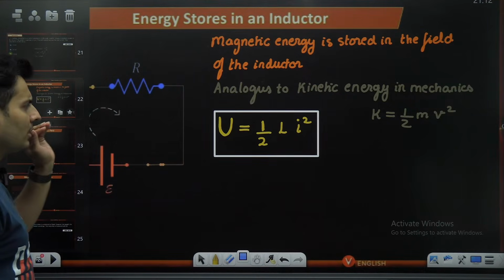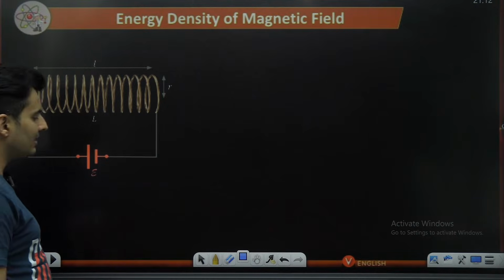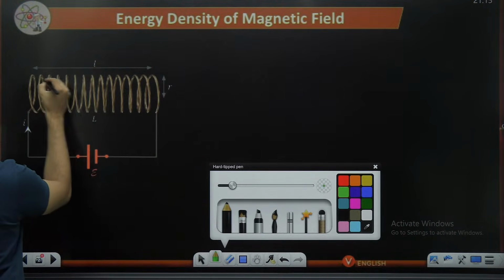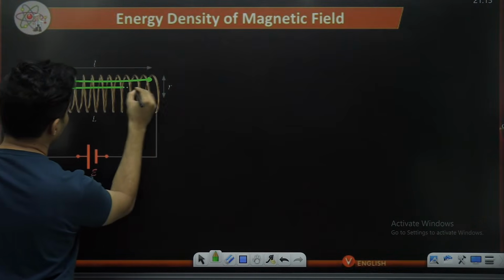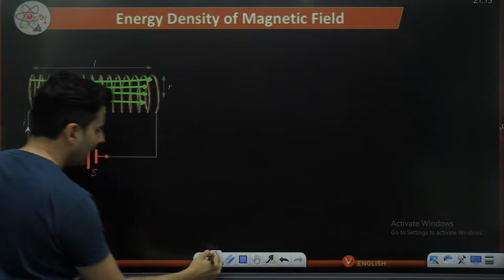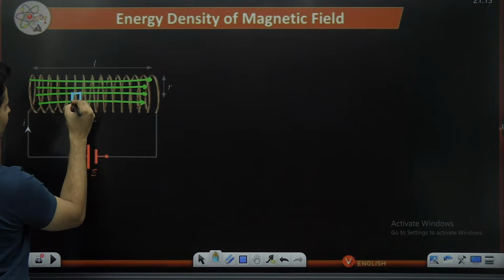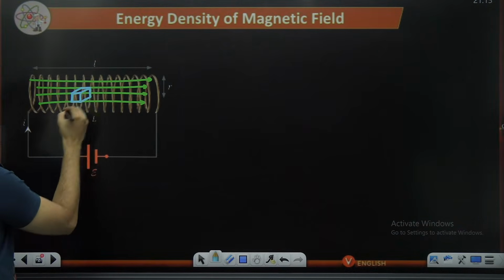Okay. Now, I'll tell you, there is something called energy density also. What does that mean? See, in this inductor, there will be some magnetic field which is storing that energy. If I take a unit volume, maybe something like this, this is just for you to understand.